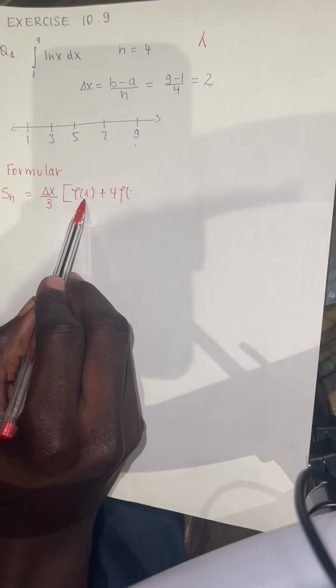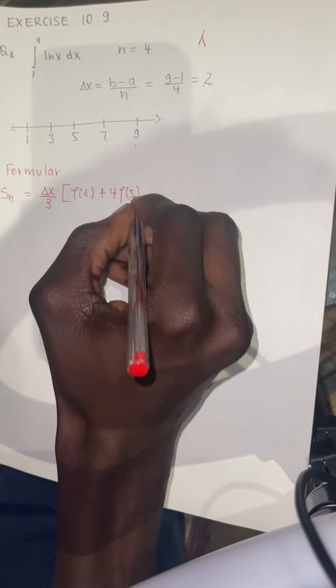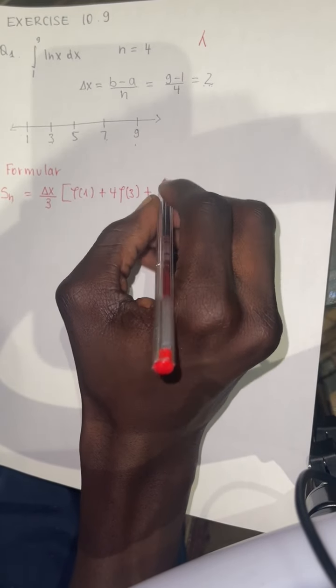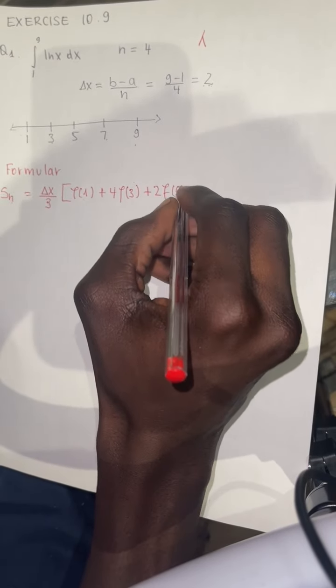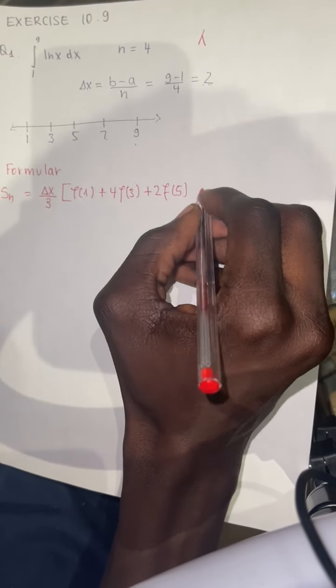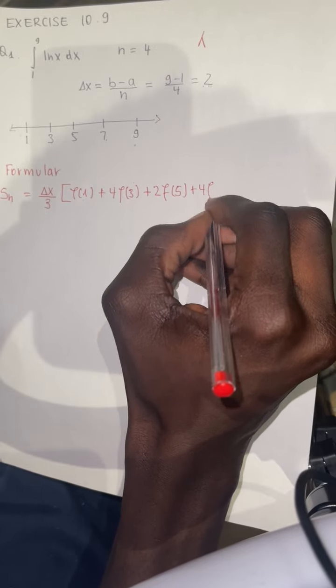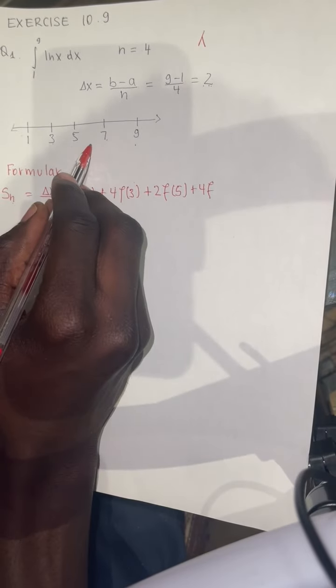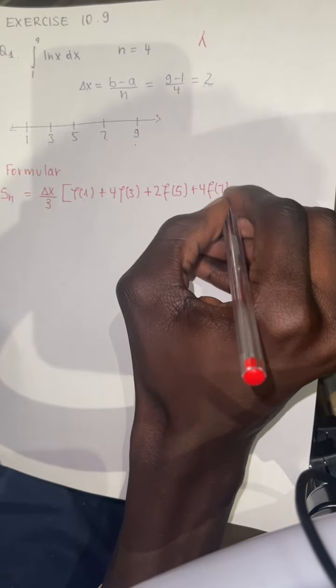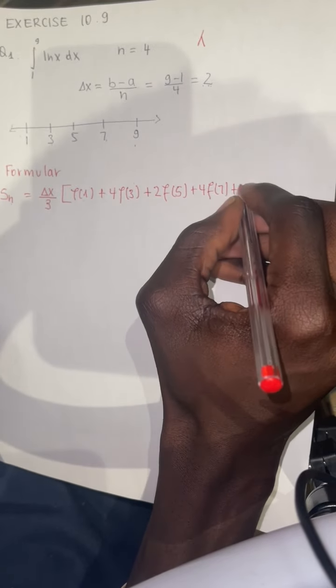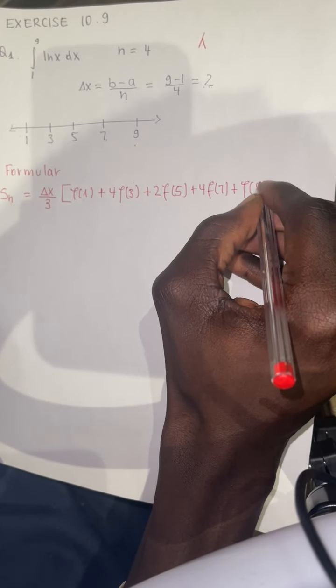What is f1? f1 is 1, so the number we put is 3. Then plus 2f5, and then plus 4f of 7, and then plus the last one, which just has the coefficient of f9.